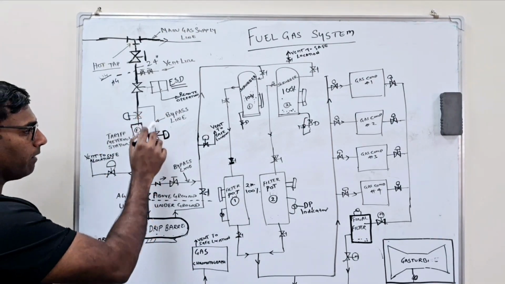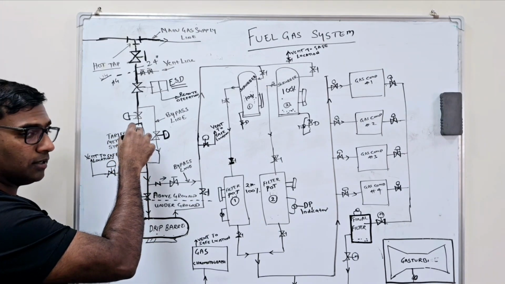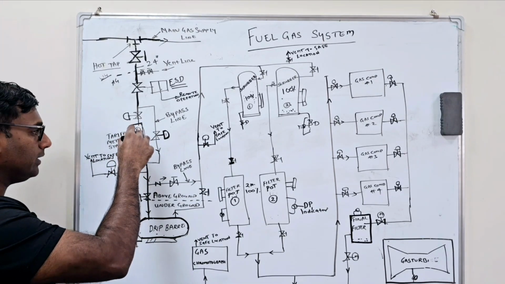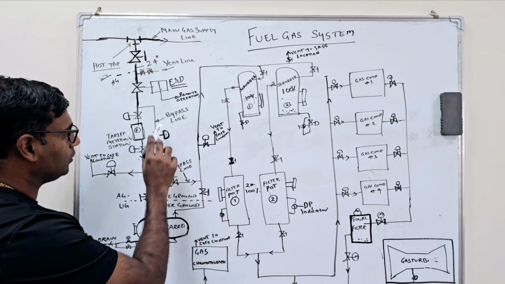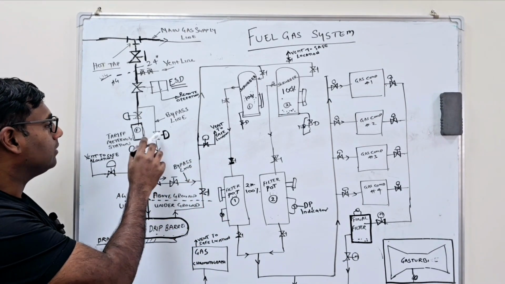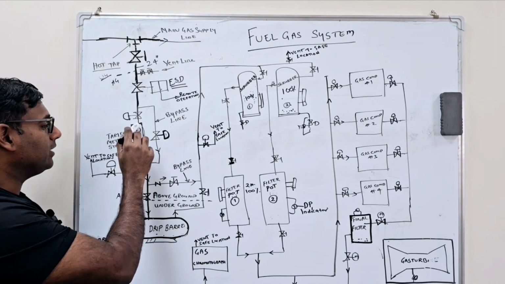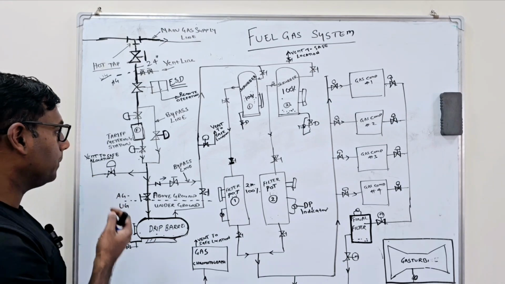What we will do is open the bypass line and isolate the fuel metering device, and then we can run the station through the bypass line. As soon as the maintenance is completed, we will open these 2 lines, isolate the bypass line and take the tariff metering station into service.